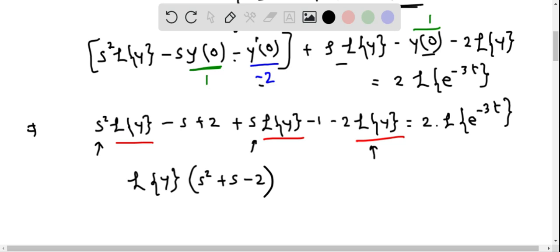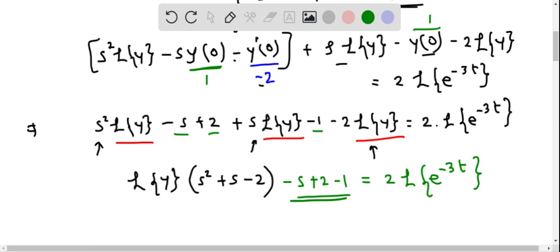And then we will simplify the other terms. So the other terms are negative s and positive 2 and negative 1. And on the right side we have 2 times Laplace transform of e raised to the power of negative 3t. Now we can simplify this.